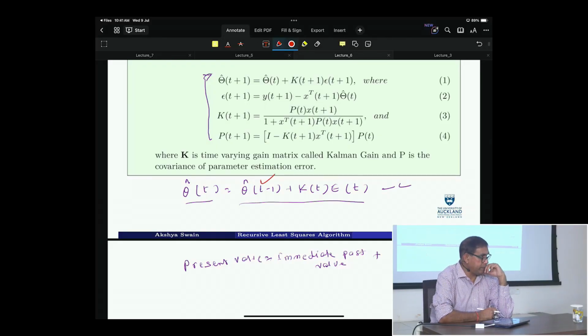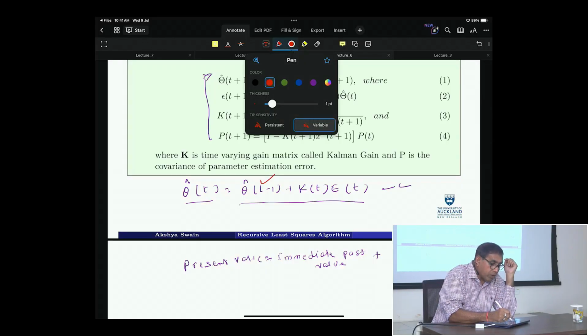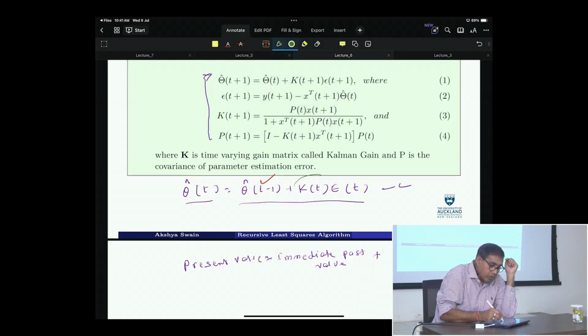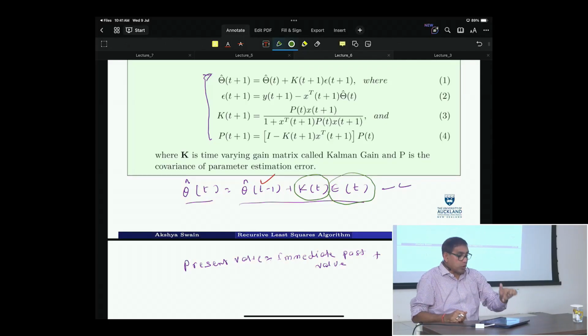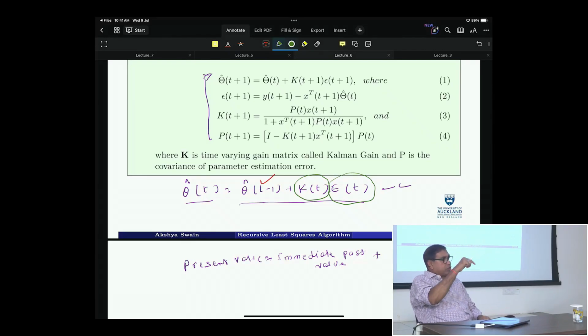Only because you are at time t. And you have to know what this is. Because to compute theta cap t, theta cap t is equal to theta cap t minus 1, which is known, plus some gain and the present error. So you have to compute kt and epsilon t, right?